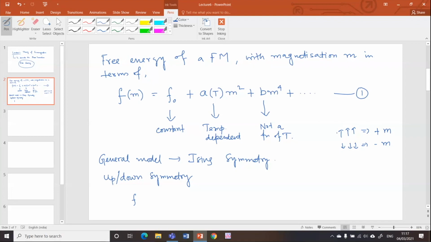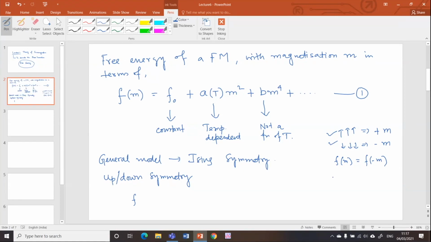Now ideally these two configurations are identical, right? They're degenerate configurations if there is no magnetic field, right?